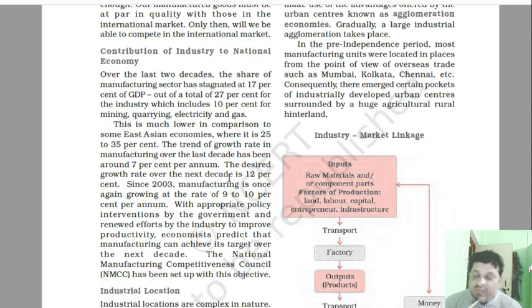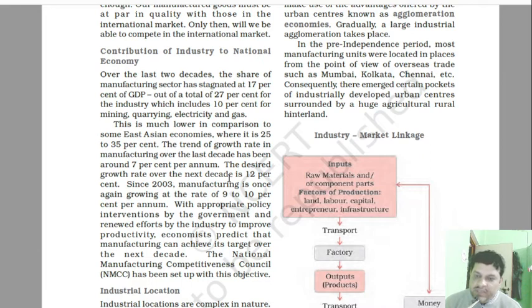So the government of India has fixed that in the next 10 years there is a need to maintain a growth rate of 12%. Since 2003, manufacturing is once again growing at the rate of 9 to 10% per annum. With appropriate policy intervention by the government and renewed efforts by the industry to improve productivity, economists predict that manufacturing can achieve its target over the next decade.